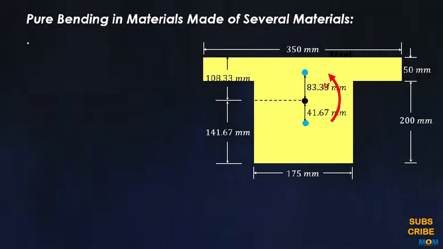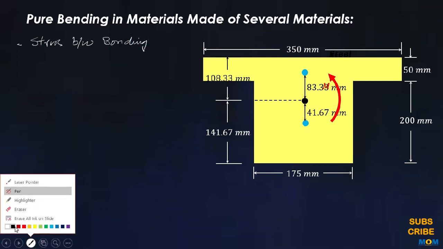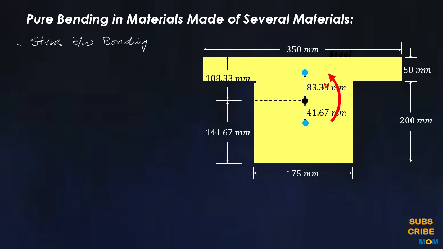Now we have to calculate the stresses at the bonding, which takes place between brass and the steel, that is this region, where the steel and the brass material are bonded.